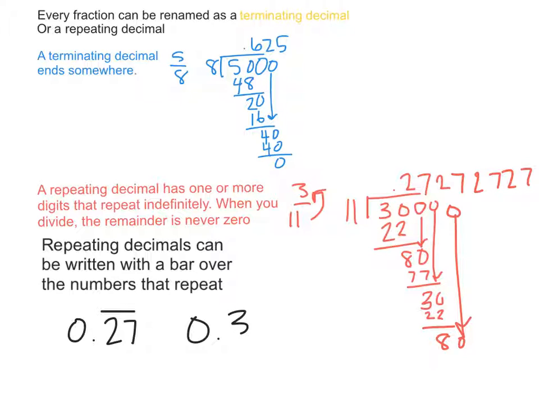So we can write it as 0.3 with the bar over, and that lets us know that in this case the 27 is repeating, and in this case the 3 is repeating forever. But remember that you're only putting the bar over the parts that repeat. So if you have 5.13636 and it goes on and on, what you're going to put the bar over is just the 36, like this. So the bar only goes over the part that's repeating, which in this case is the 36.